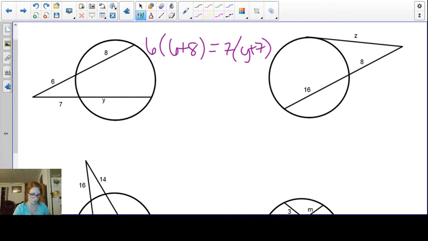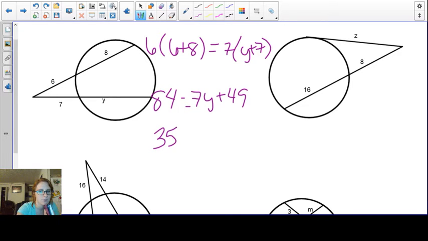So 6 plus 8 gives me 14, and then times 6 will give me 84, which is equal to 7y plus 49. So I subtract over the 49, and I get 35. So then y is equal to 5.